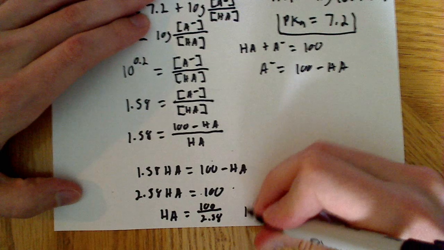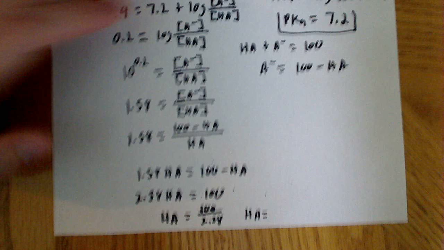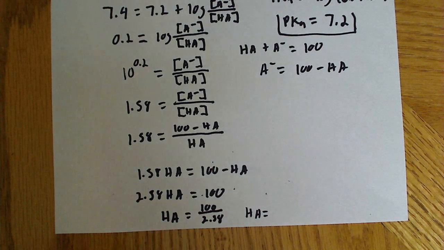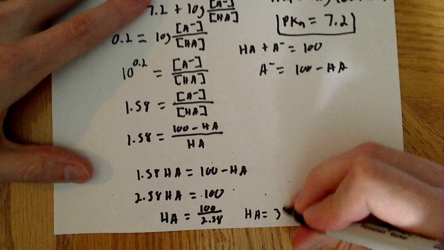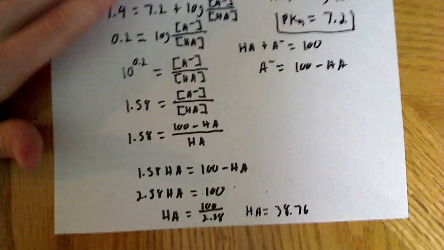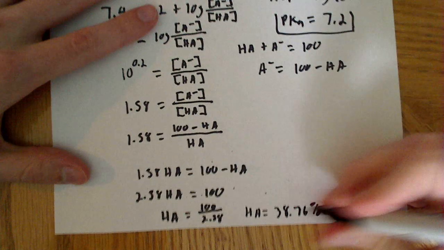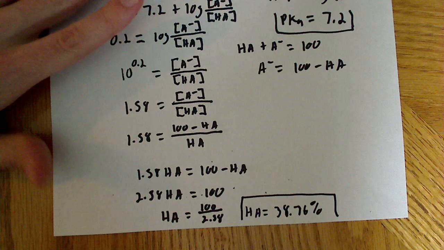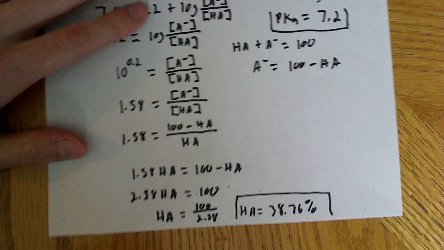That means the concentration of the protonated form is about 38.76%. So about 38.76% is going to be protonated.